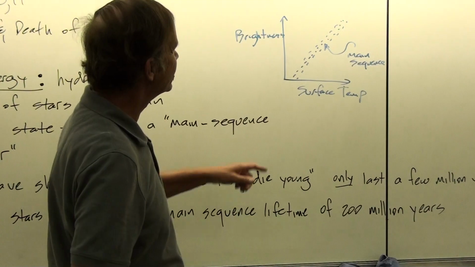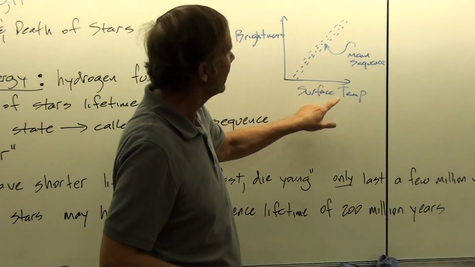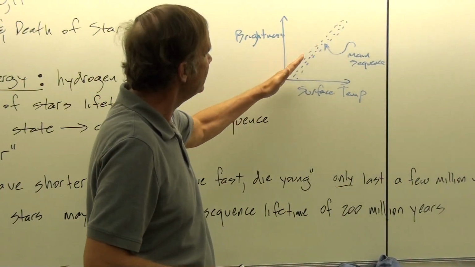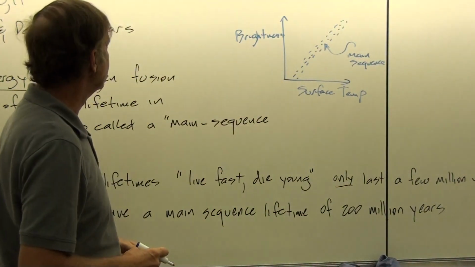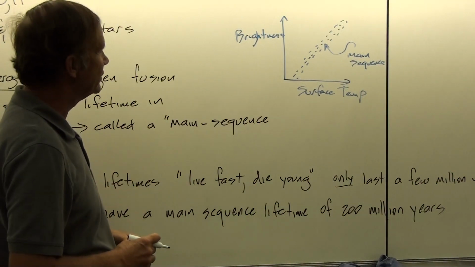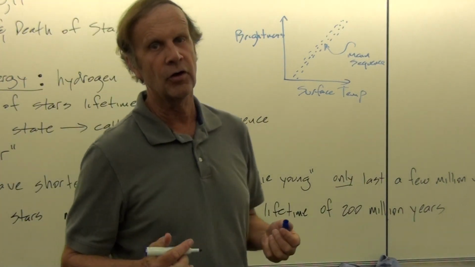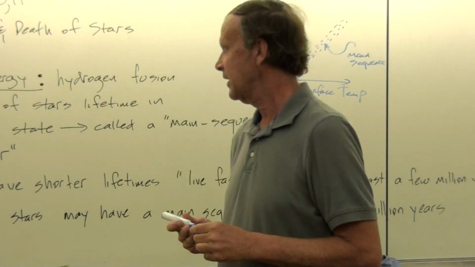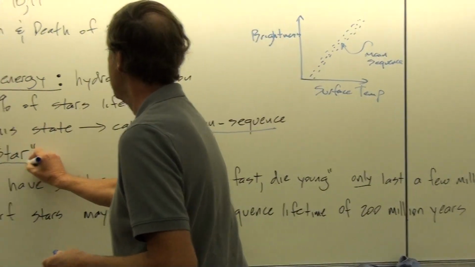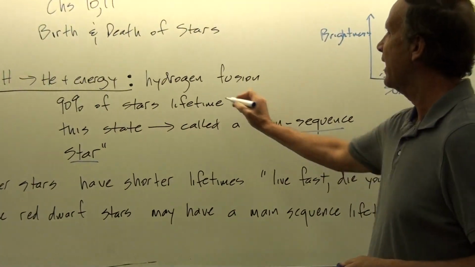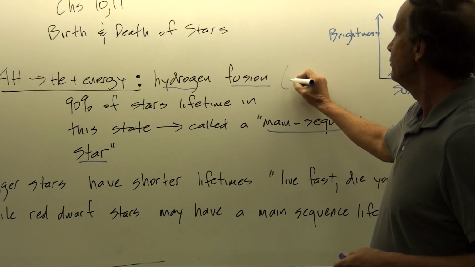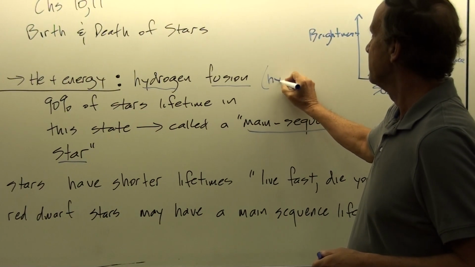So put simply, this just means a brighter star has a higher surface temperature, but there's a certain relationship between them that plots linearly in a logarithmic plot. We call that kind of a star a hydrogen burning star or a main sequence star. Oftentimes I'll use the term main sequence kind of synonymously with hydrogen fusion and also more loosely hydrogen burning.